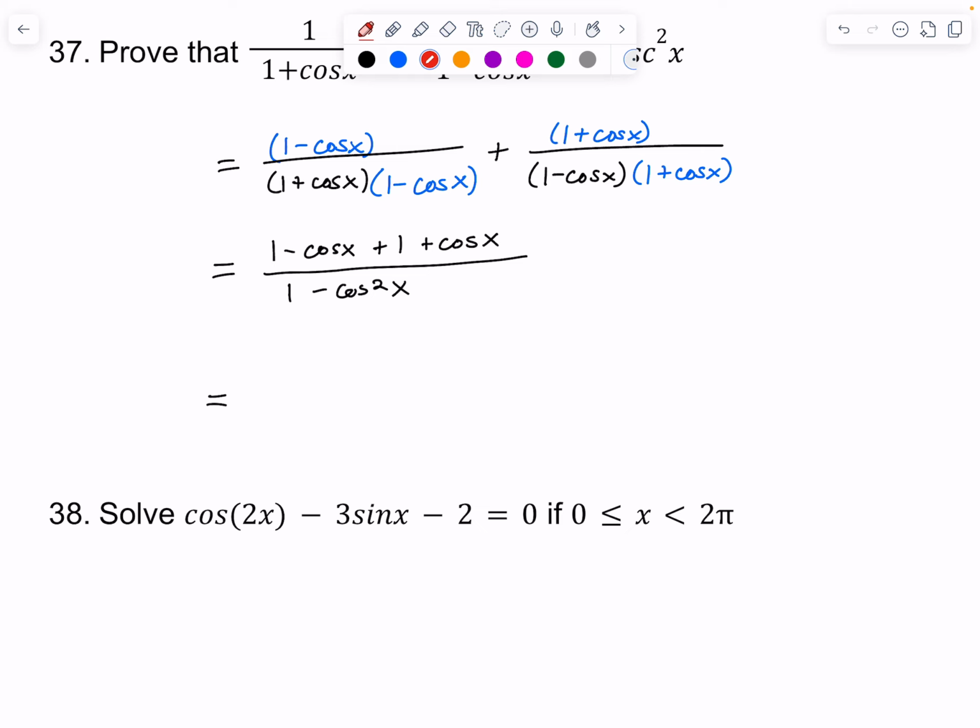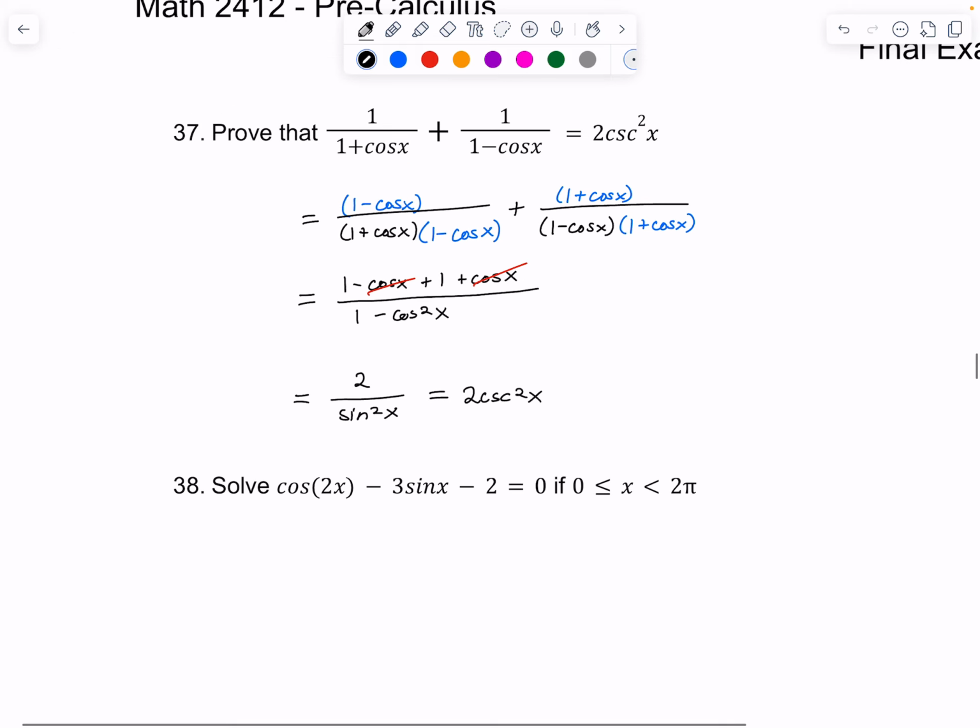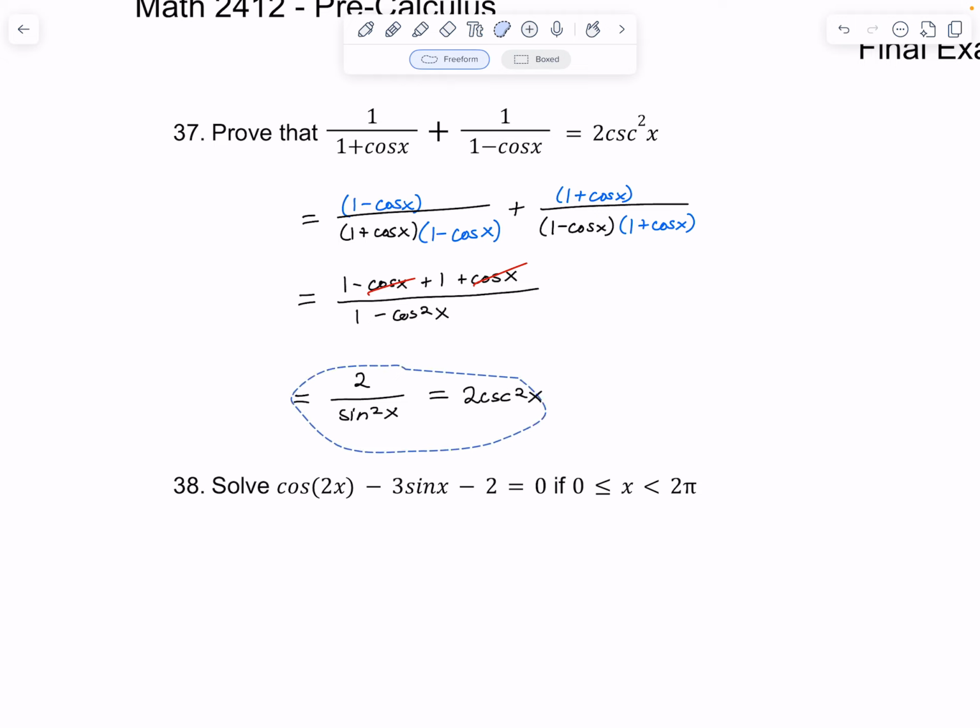And then on the numerator, my two cosines will cancel each other, and I end up with 2. And in the denominator, 1 minus cosine squared is the same as sine squared. And 1 over sine squared is just cosecant squared. So the 2 will stay, and I end up with 2 cosecant squared, and that's it. To properly format it, I probably should have left myself a little more space and written it like this, but now I'm finished.